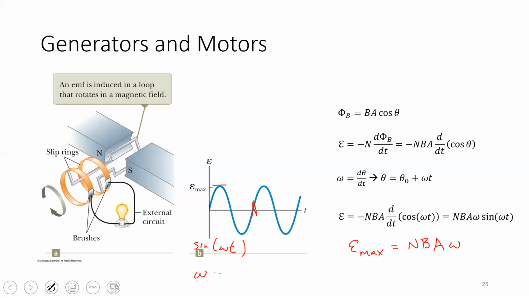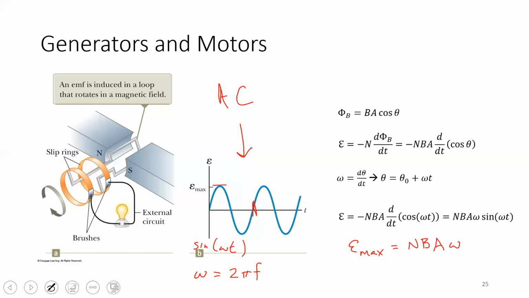Omega is related to frequency by 2 pi times our frequency. So that's our AC generator, our alternating current, which is related to our alternating EMF.